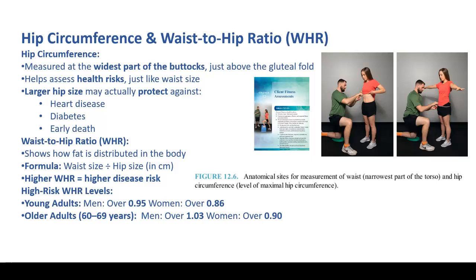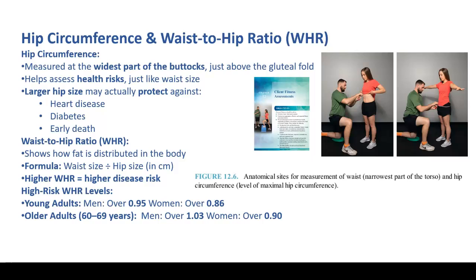But what is waist to hip ratio? It stands for WHR for short. It tells you where your body stores fat, more around your belly or hips. You can calculate this one. The waist to hip ratio equals waist size divided by hip size.